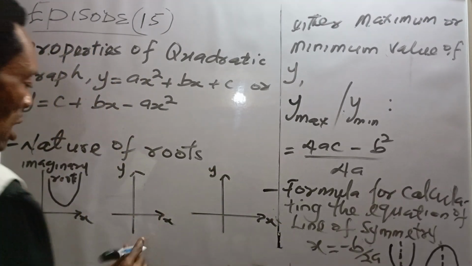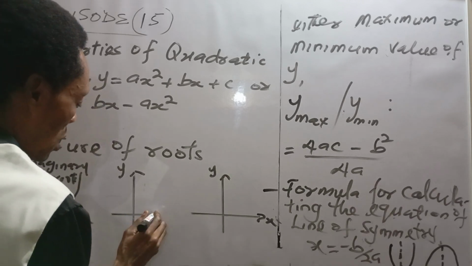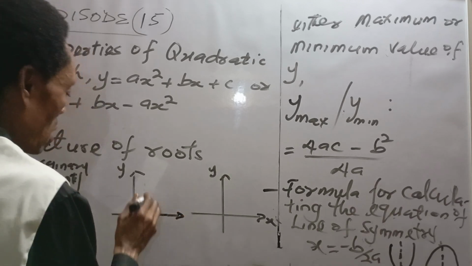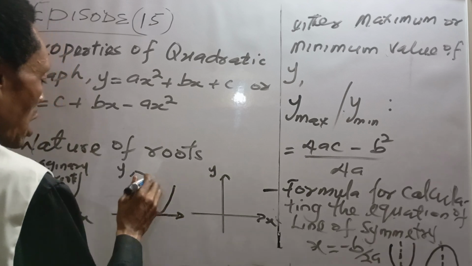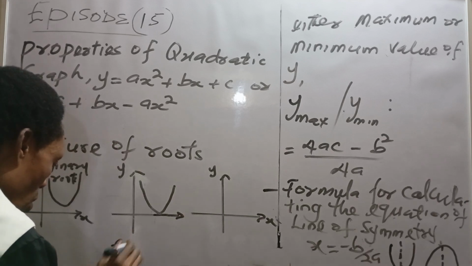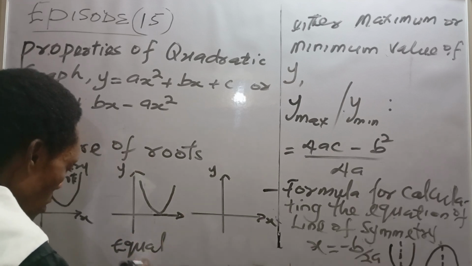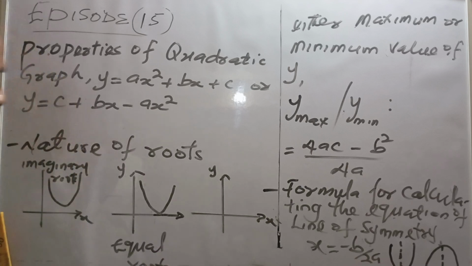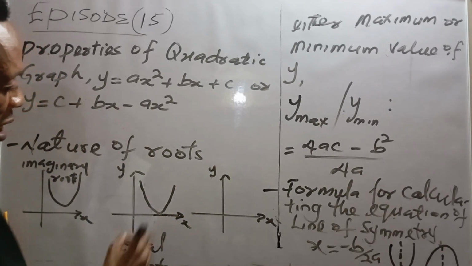Then the next one that we shall consider, let's stretch this one a little bit. Then we have something like this. This is equal root. So you can see that it touches the x-axis at a point.